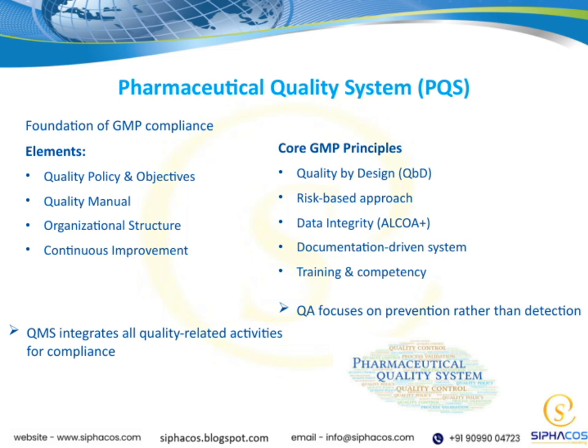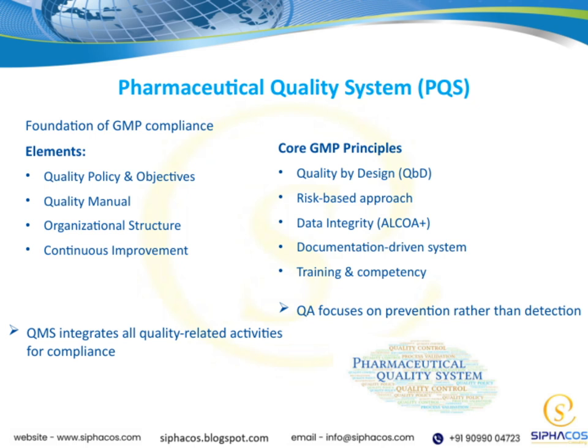It ensures that data is attributable, legible, contemporaneous, original, accurate, and complete, essential for trust and compliance. Our system is also documentation-driven, meaning thorough, accurate records support transparency and traceability. And of course, ongoing training and competency are fundamental. They ensure our team is always equipped with the right knowledge and skills.